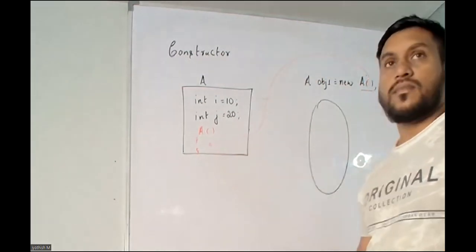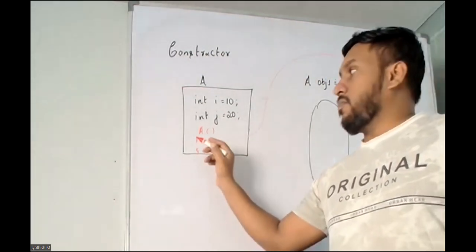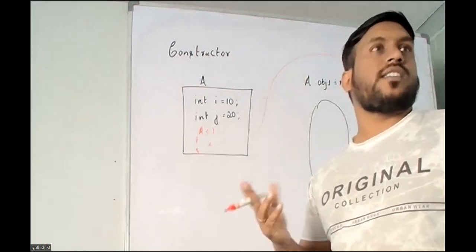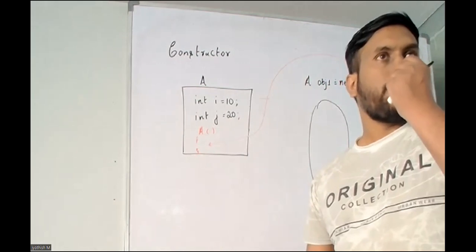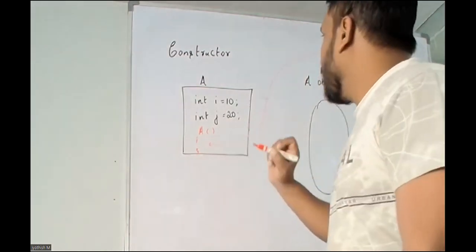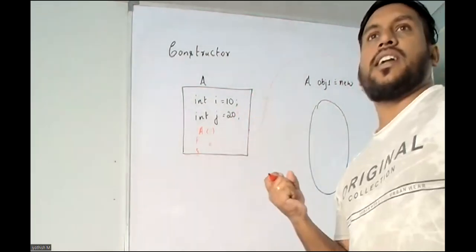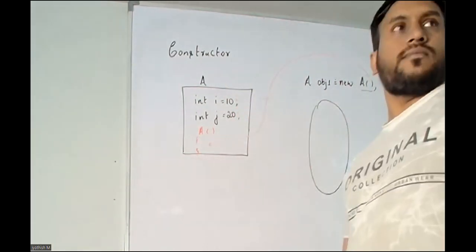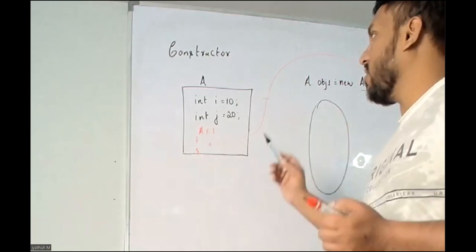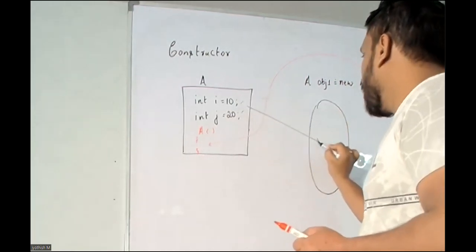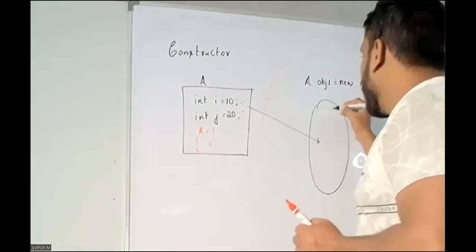So by default, the compiler will add the constructor. Now when you are calling the constructor, the constructor collects how many non-static variables are there and pushes them to the object.